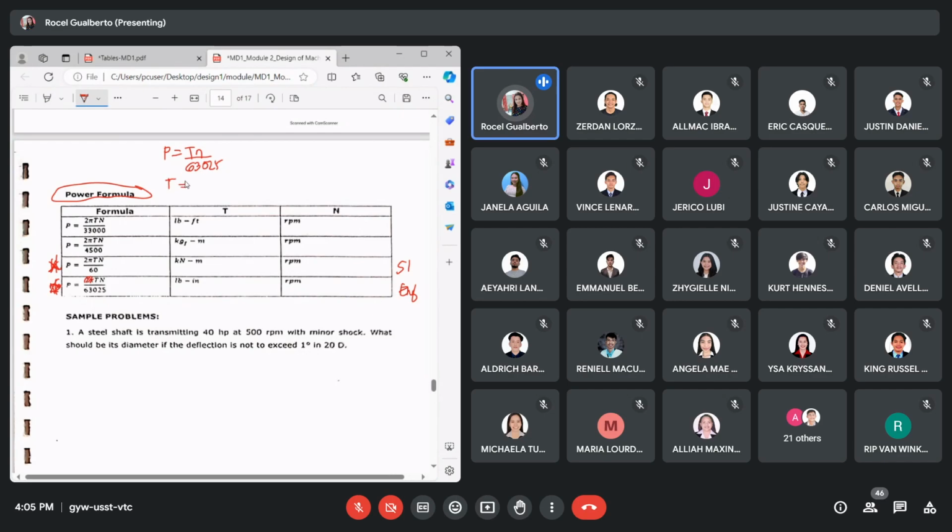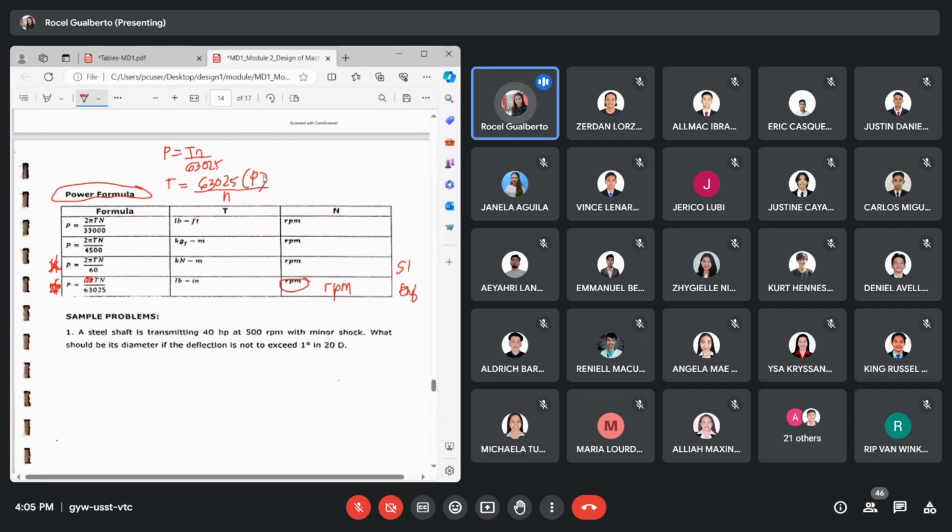So coming from this, yung torque po natin will be 63025 times the power, divided by N. Torque is T. Yung N po would be the speed in revolutions per minute. Ito po dapat yung kanyang unit, RPM.